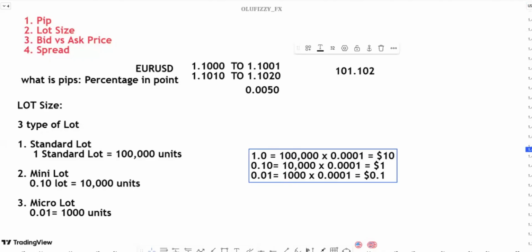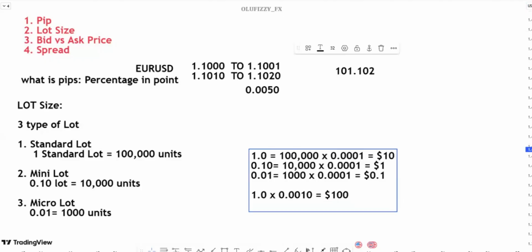So now let's say price moves in their direction, maybe 10 pips. For the standard lot size, times 10 pips, that's going to be $100.